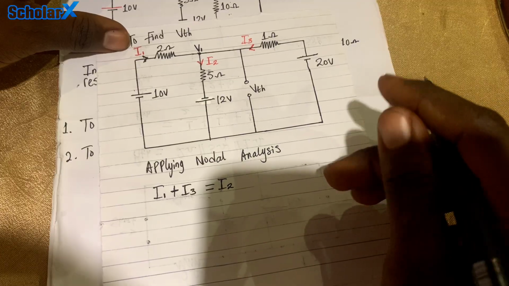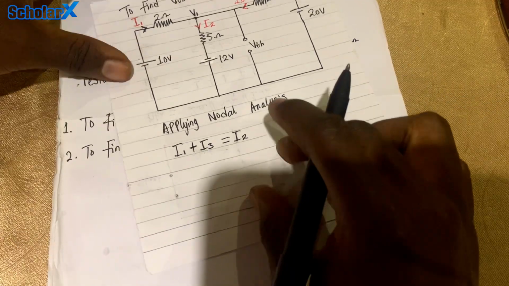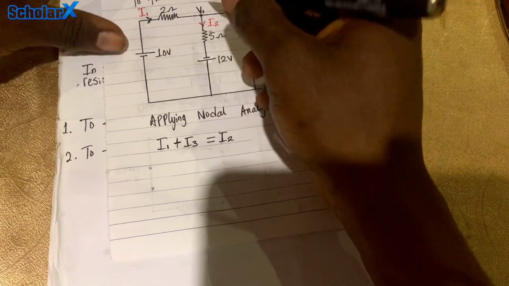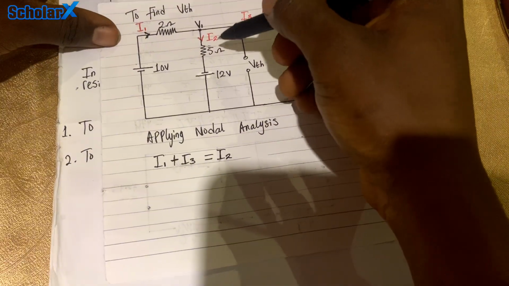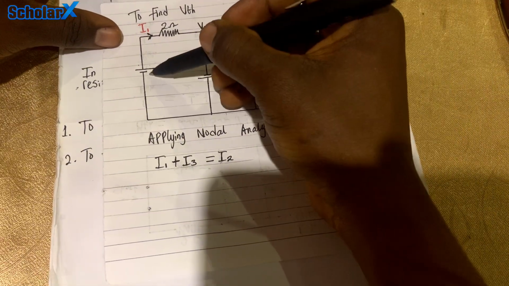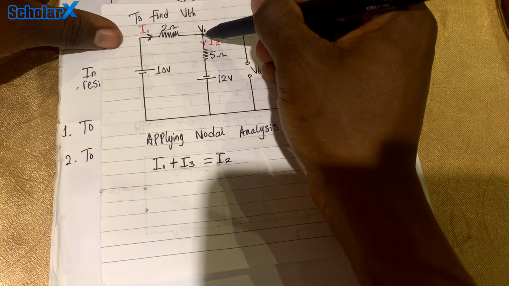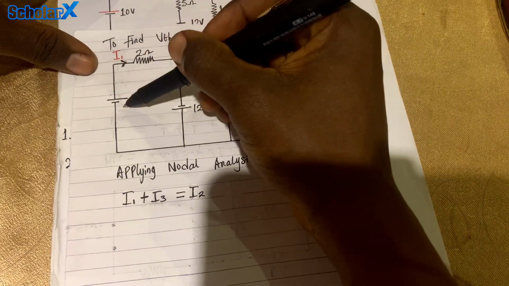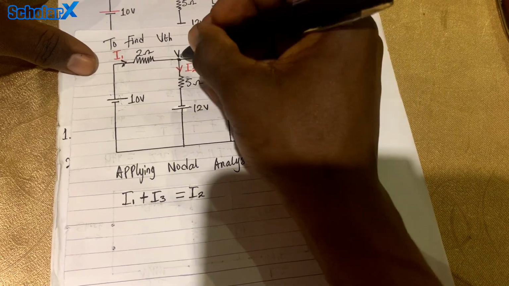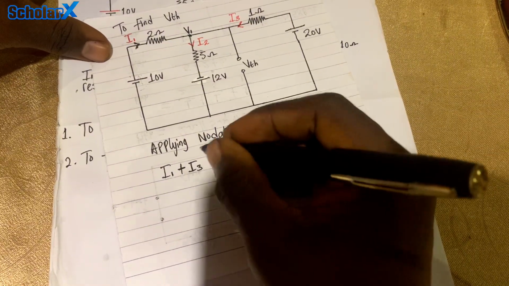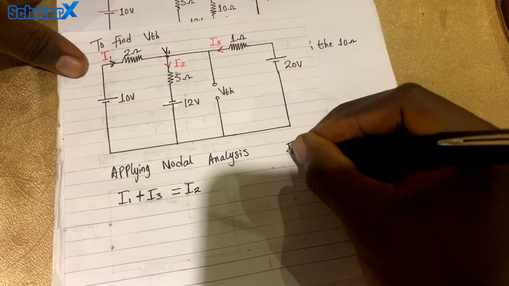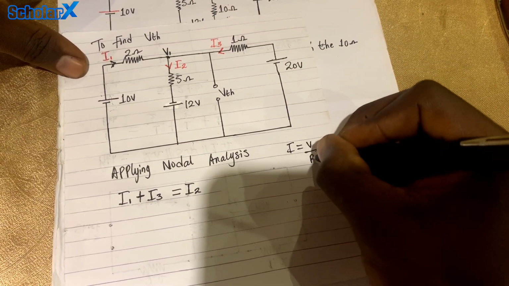All right, let's go ahead and solve this. Now for I1, there's a higher voltage potential here than at this node here. Don't forget that current is voltage over resistance.